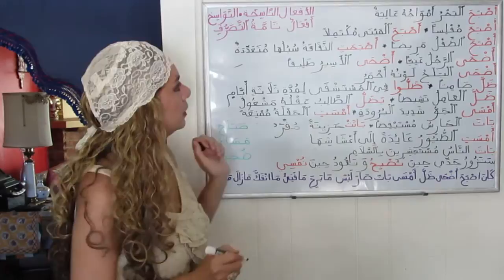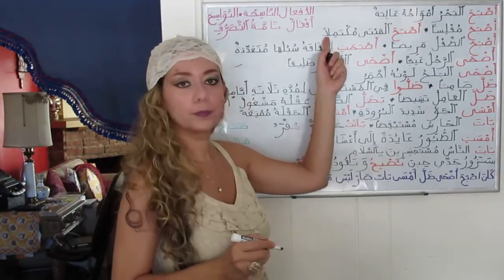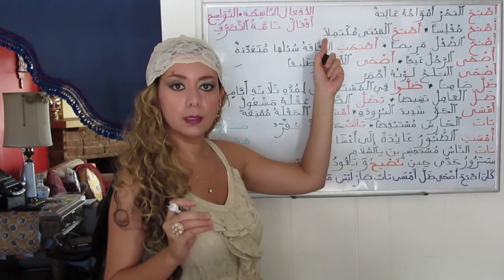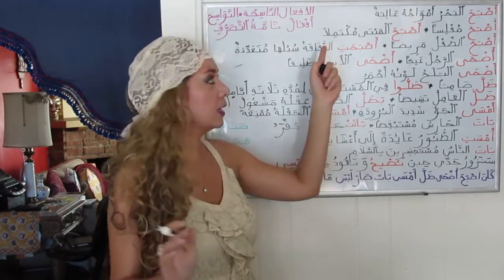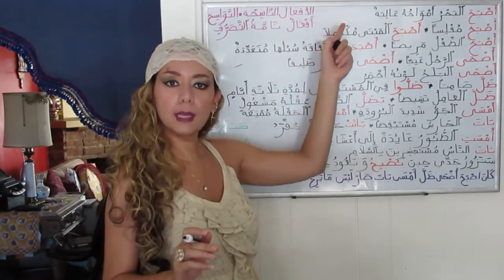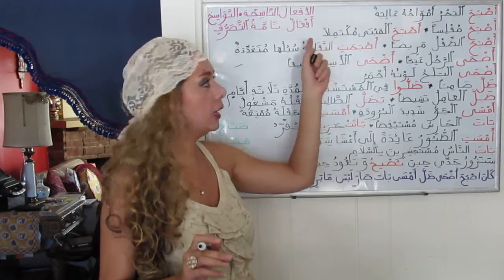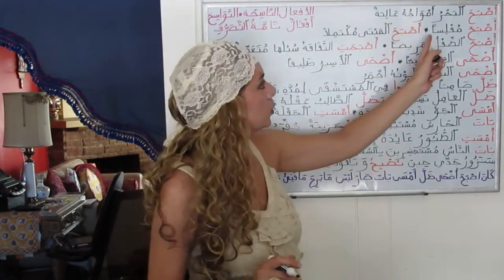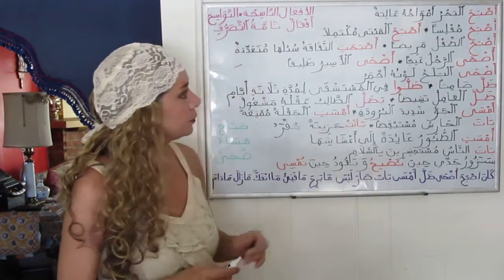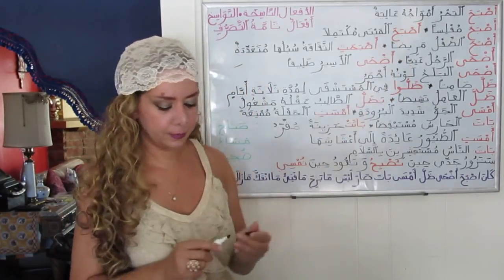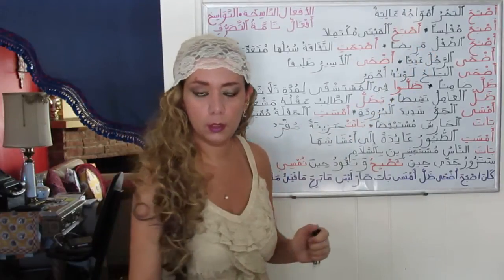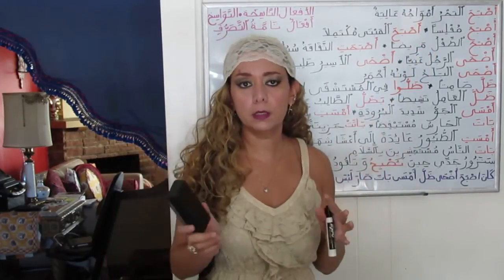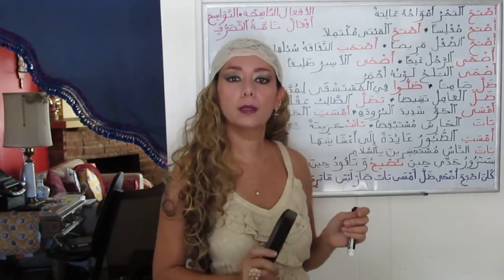Like here, this predicate is explicitly in the accusative case because of the sign of double fatha, tanween al-fath. Here too, double fatha, because they are indefinite. If they were definite, you would see just one fatha.